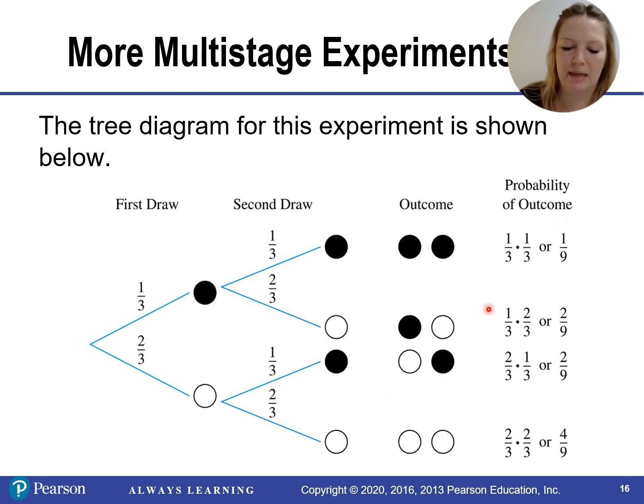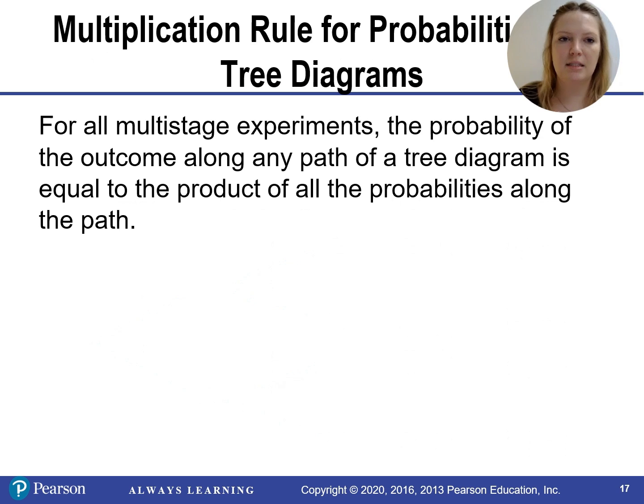And so the probability of the outcome we can find by multiplying those probabilities together. So this gives us the multiplication rule for probability of tree diagrams. So for any multi-stage experiment, the probability of an outcome along the path of a tree diagram is equal to the product of all the probabilities along the path.